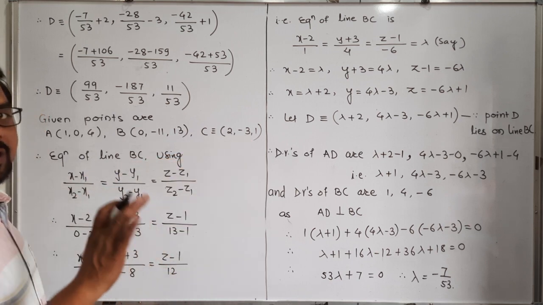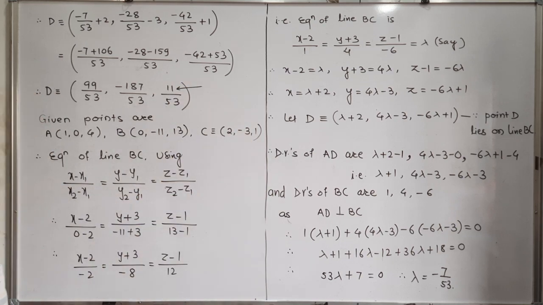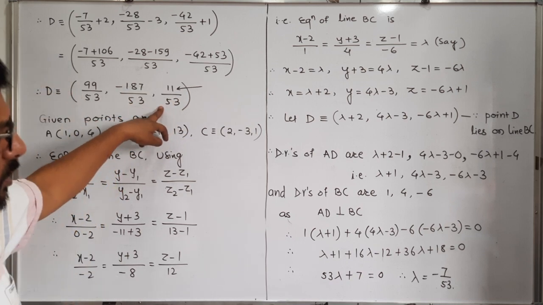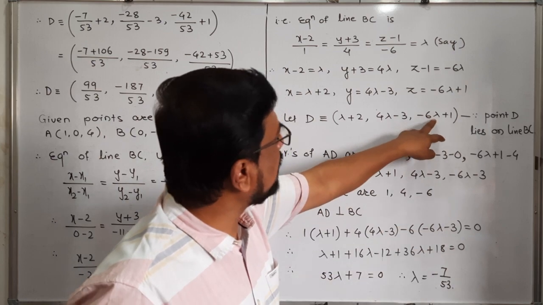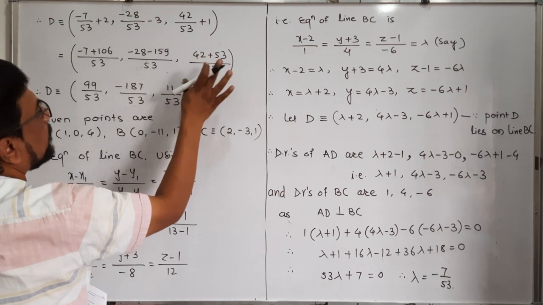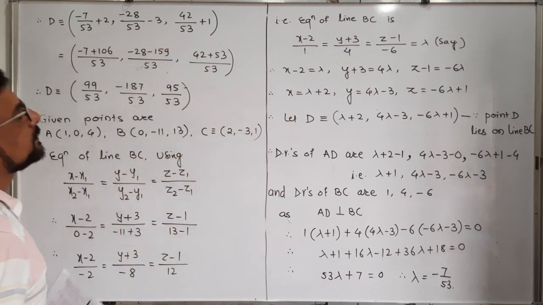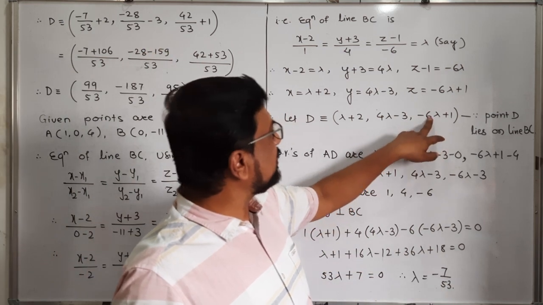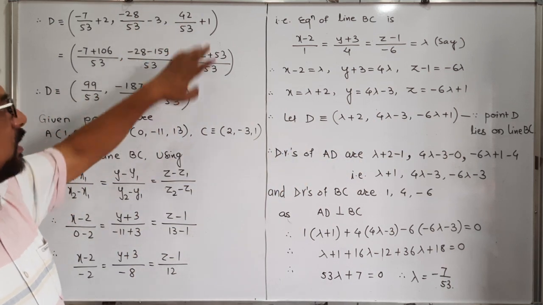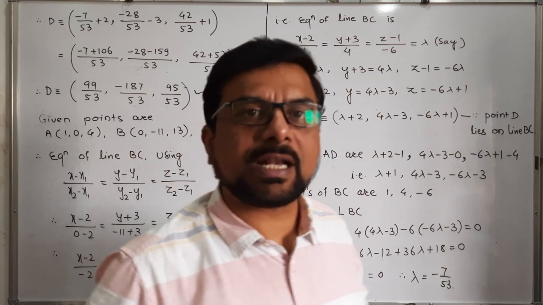Okay sorry, it is 95/53, because the value of lambda is negative and here it is minus sign, it means it is plus 42/53 plus 1, that is 95/53. It is correct. Check it. Answer in notes is correct.